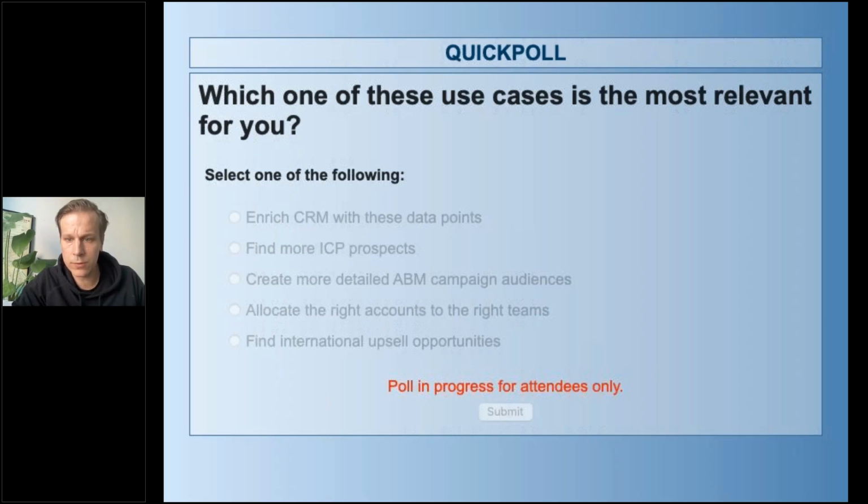So please vote on what are the most relevant use cases: enriching CRM with this type of proprietary data points, finding new and more ICP prospects, creating audiences for ad campaigns, often on LinkedIn, but of course other channels are available as well, allocating the right accounts to the right teams, or finding those international upsell opportunities by understanding the other countries where these existing companies in your CRM also have operations.